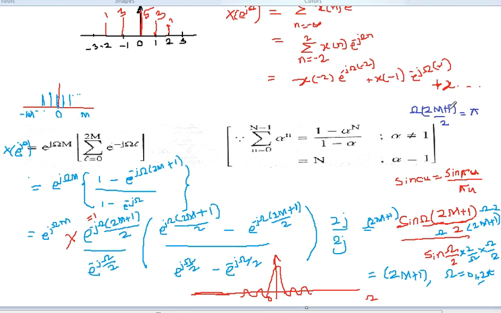When this is equal to pi, we have the zero crossing.